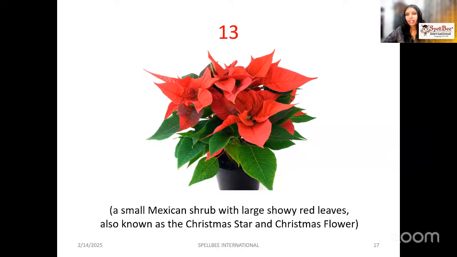No, this is not bougainvillea. It is also known as the Christmas star or the Christmas flower because it's associated with Christmas. It's bright red. Yarini has given me the right answer. Good job. It's called poinsettia. Elsa also, good job. Poinsettia. So that is the word.